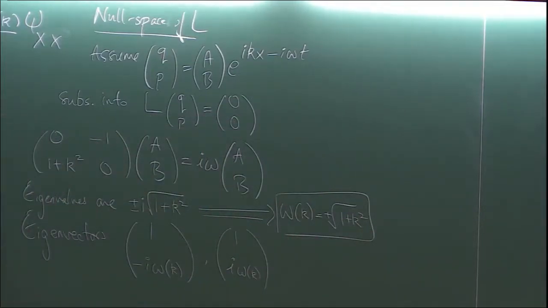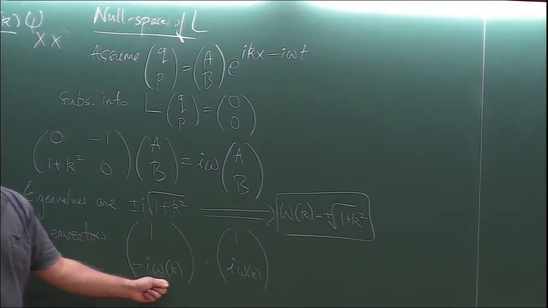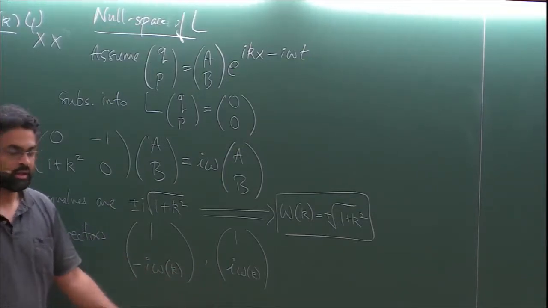So I'll define omega to be that, and I get the plus and the minus associated, okay? So you basically have to plug in the positive square root here for the 2 roots.